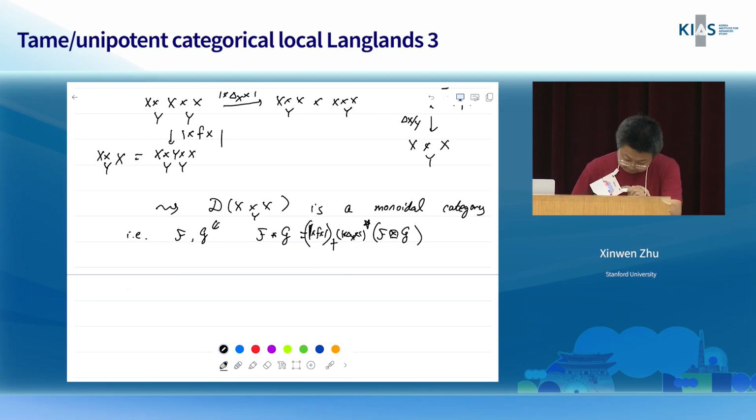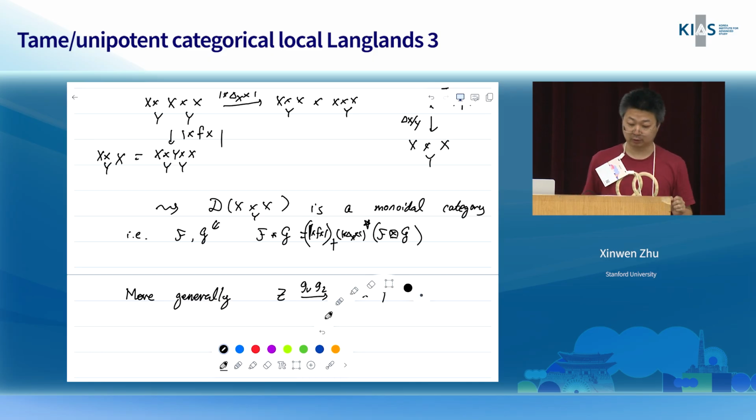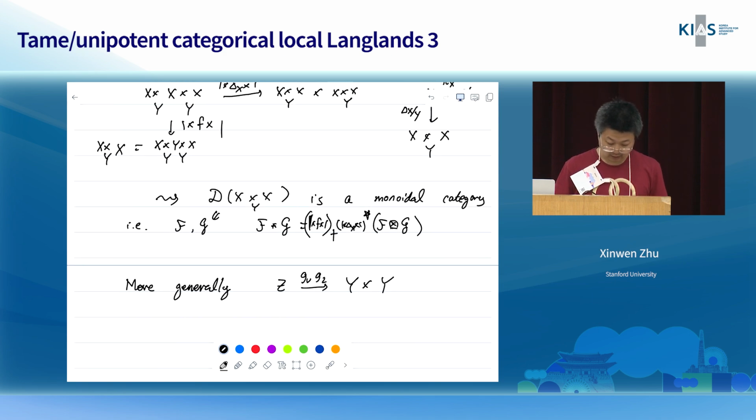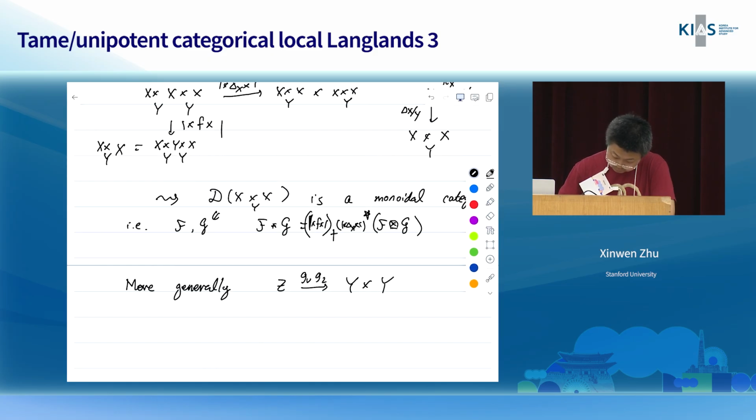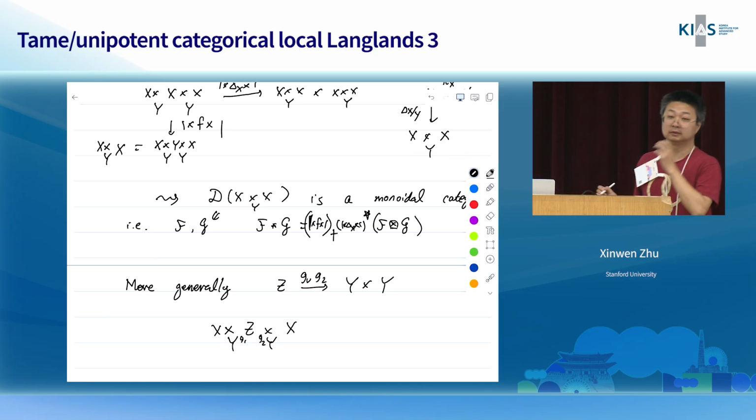Now more generally, suppose I have another object Z equipped with two maps, G1 and G2, to Y. Then I can consider X times Z over Y times Y over X. So here is this G1 map, this is the G2 map, okay?